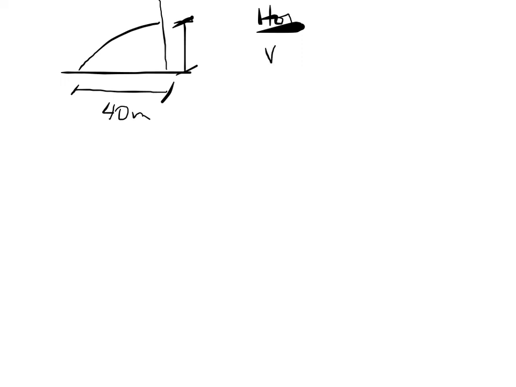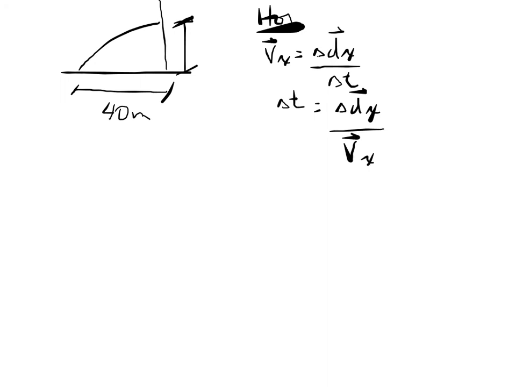we know that vx equals delta dx, in this case 40 meters, divided by delta t, so delta t equals delta dx over vx. These are all vectors.